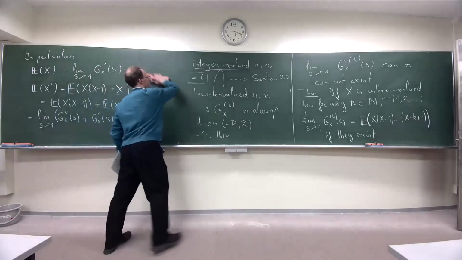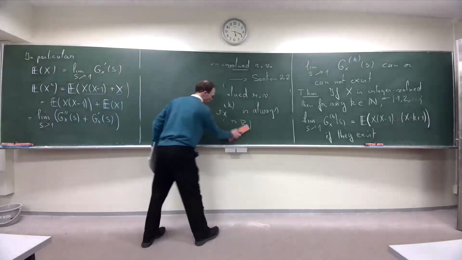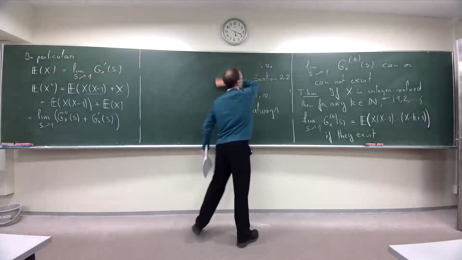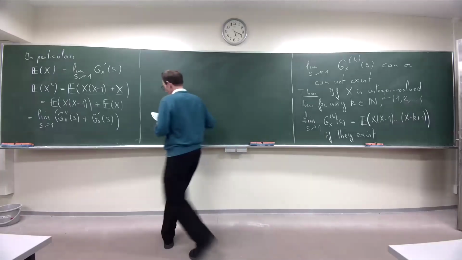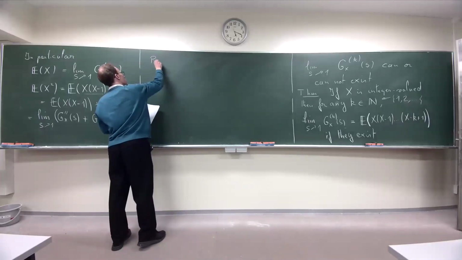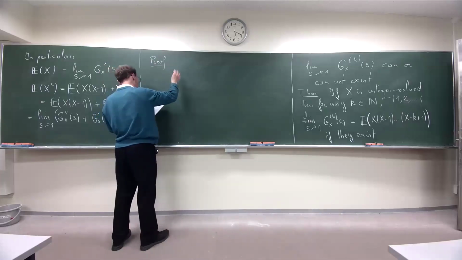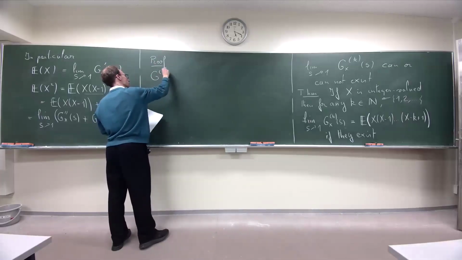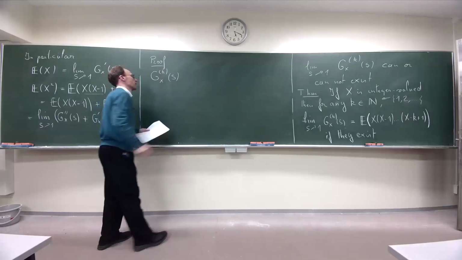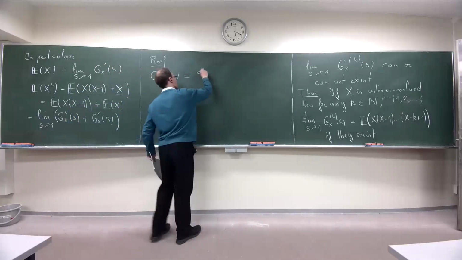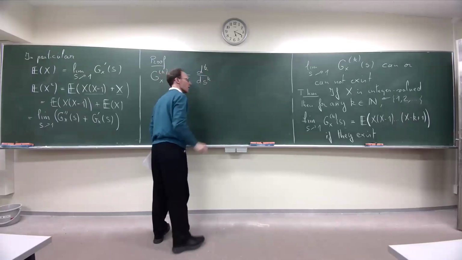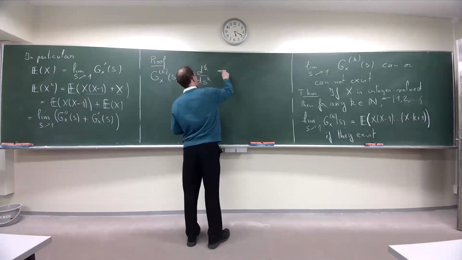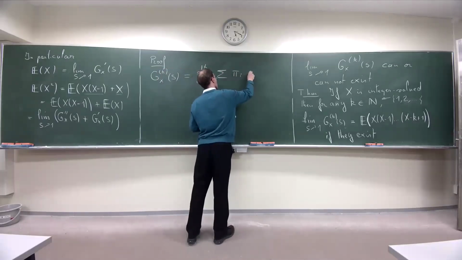What about the proof? And in the proof, we will see where we need this random variable to be integer valued. The proof is not difficult. So I start by computing the k-th derivative of this function. By definition, I need to take the derivative of this sum. I use a short notation.